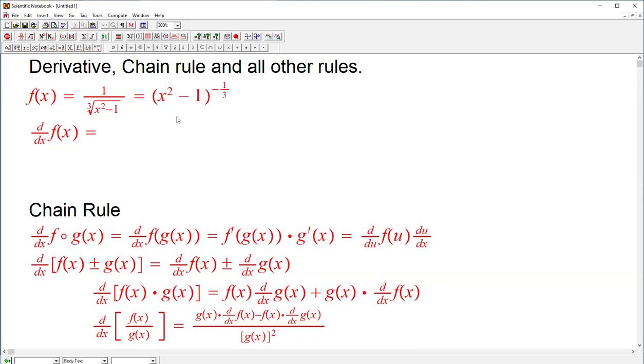Okay, so we can see it that way. Then we're going to take a derivative. We're going to see this as u raised to the power of negative 1/3.